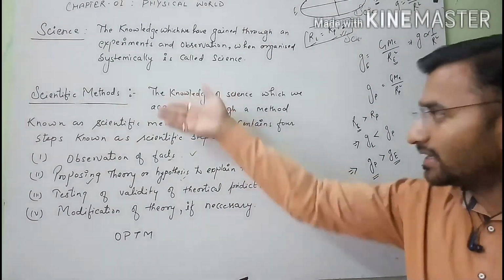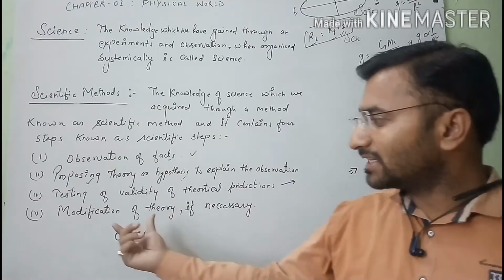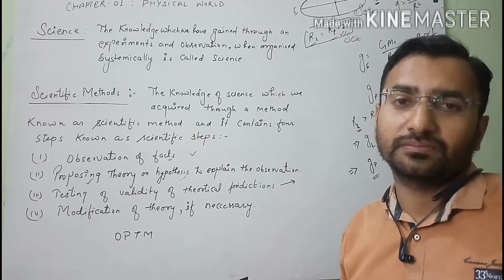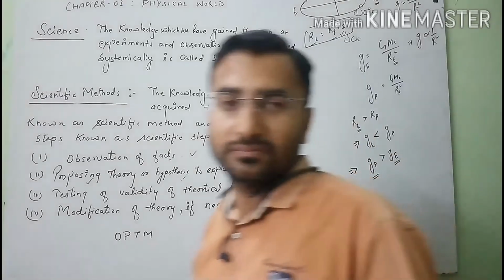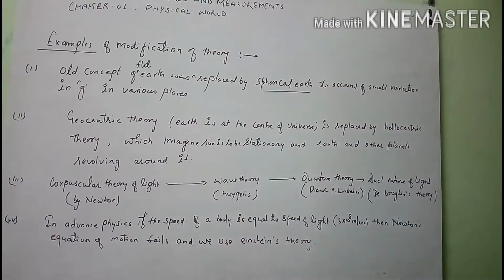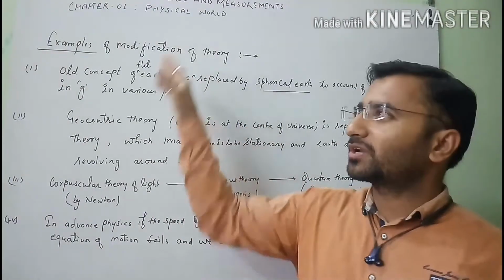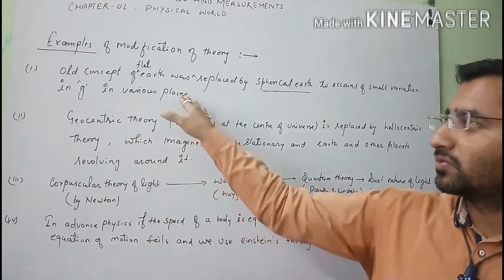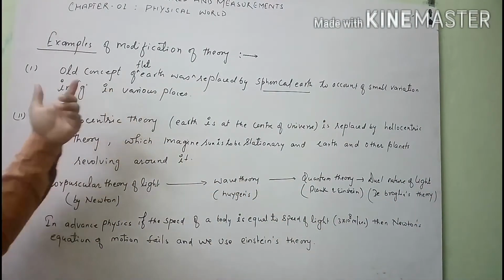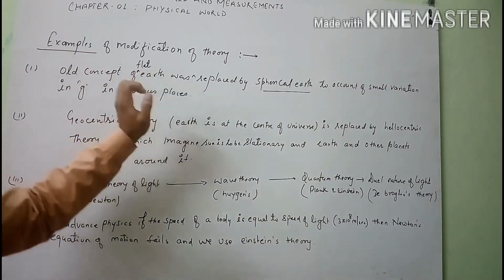So I will write some examples of physics to show how modification is necessary. So student, see here, I have written some examples based on the modification of theory in physics. First example: in the old concept, the shape of Earth was considered flat.